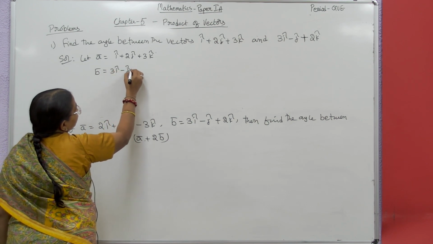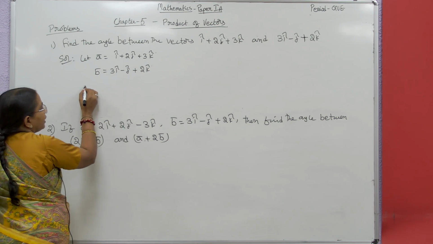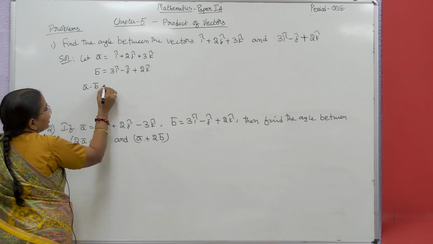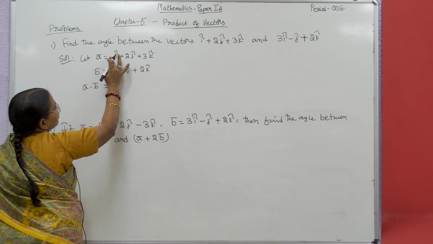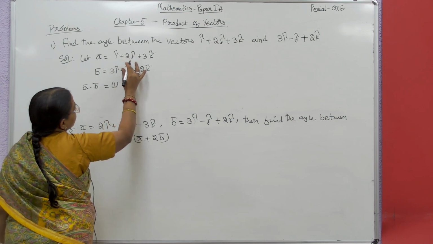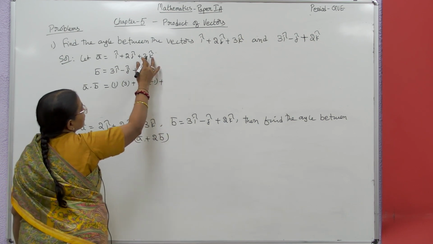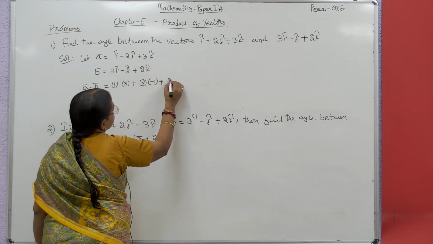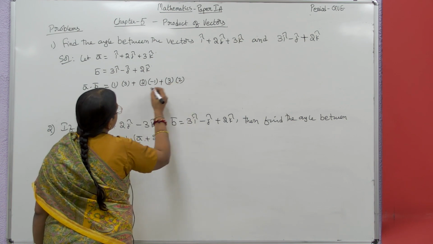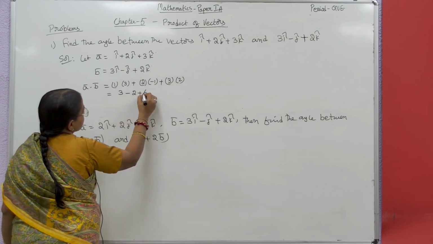We have the formula for the angle between the vectors as cos inverse of A dot B by mod A mod B. So first we'll find A dot B. A dot B means A1 B1, 1 into 3, plus A2 B2, so 2 into minus 1, plus A3 B3, so 3 into 2. So when you simplify it is 3 minus 2 plus 6.